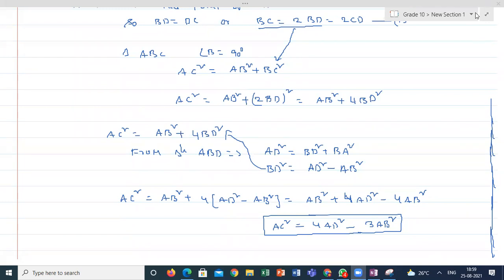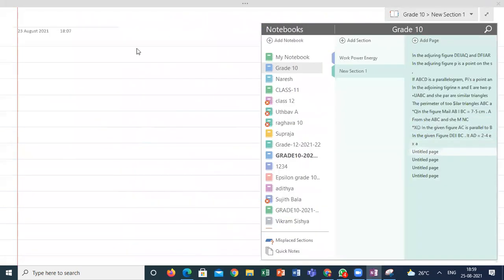Okay, so now the same kind of question, one more way of asking. One more question related to right angle triangle.